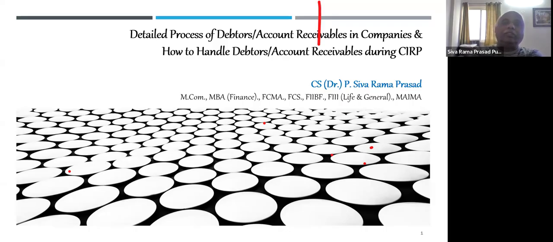So here also the funds are blocked, and some of the companies or corporate debtors will approach the bankers for temporary lending. That is called discounting of trade bills or bills discount facility, or some other companies will approach factoring companies also.